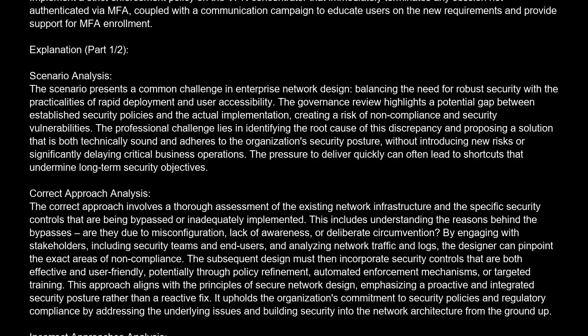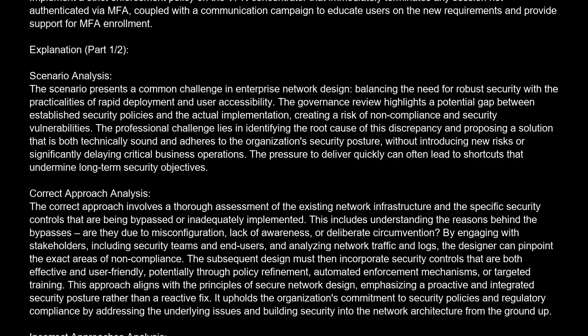Explanation. Scenario analysis. The scenario presents a common challenge in enterprise network design, balancing the need for robust security with the practicalities of rapid deployment and user accessibility. The governance review highlights a potential gap between established security policies and the actual implementation, creating a risk of non-compliance and security vulnerabilities.